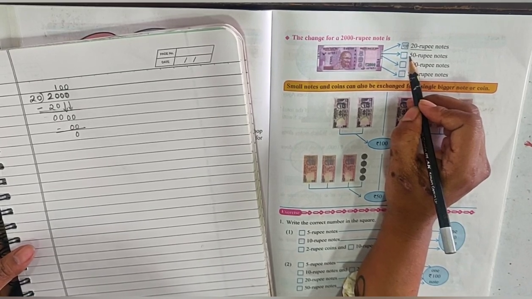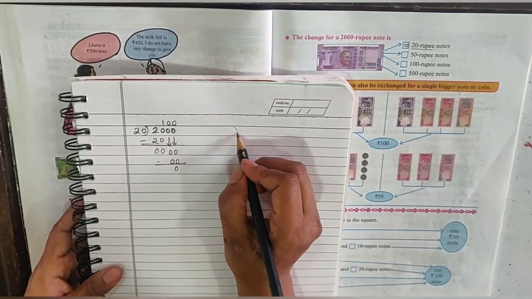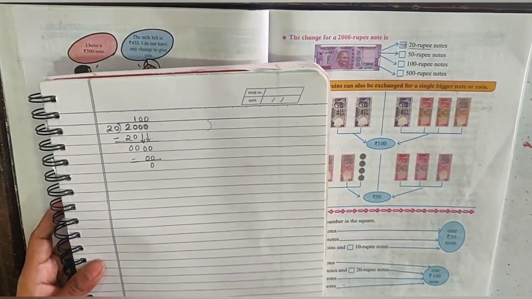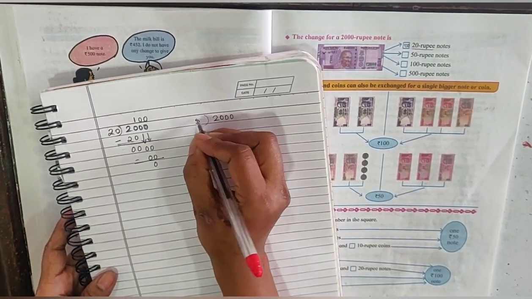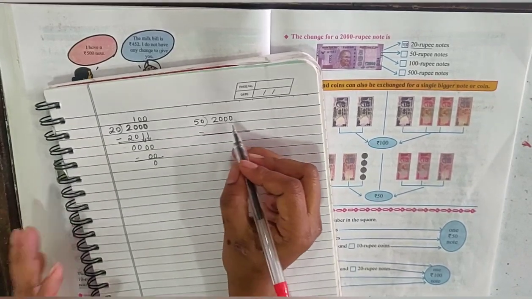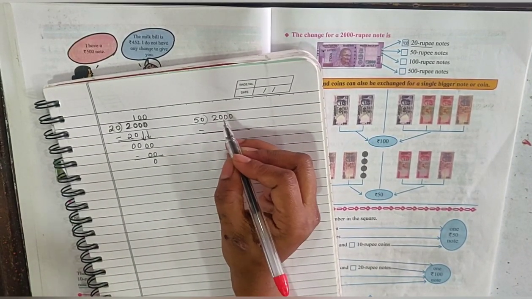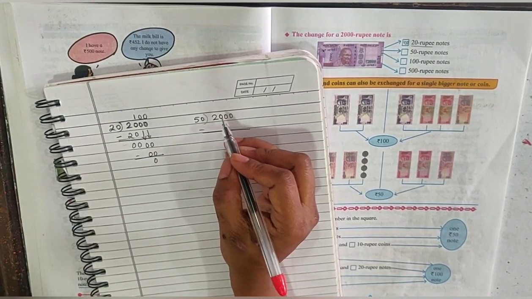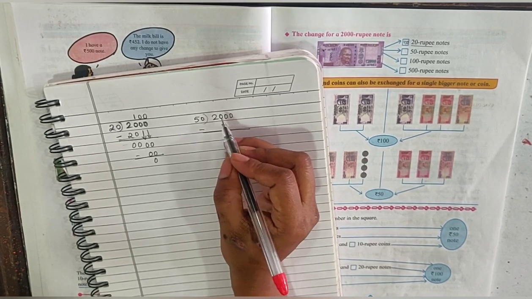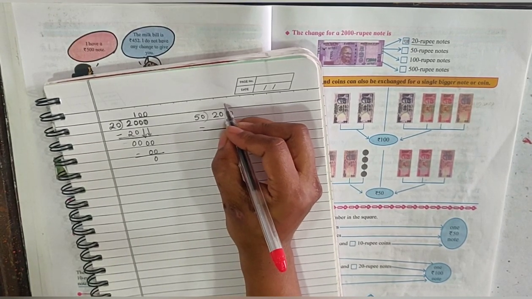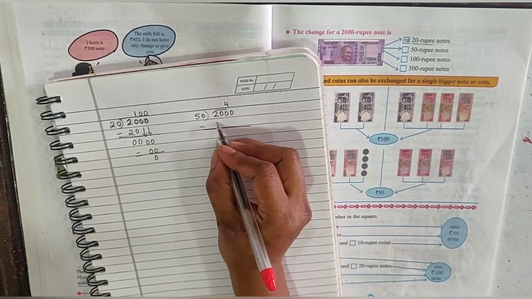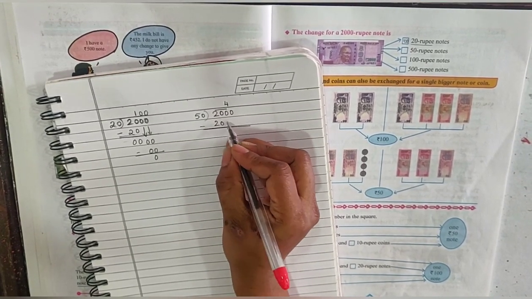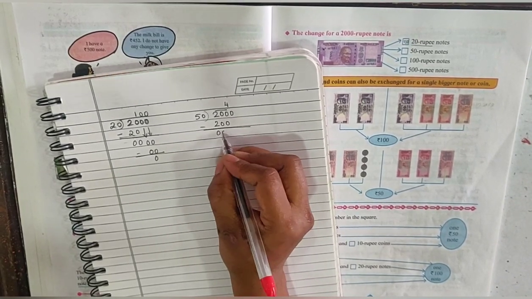Now for 50, similarly what we will do, write 2000 divided by 50. 5 ones are 50, 5 twos are 100, 5 threes are 150, 5 fours are 200.